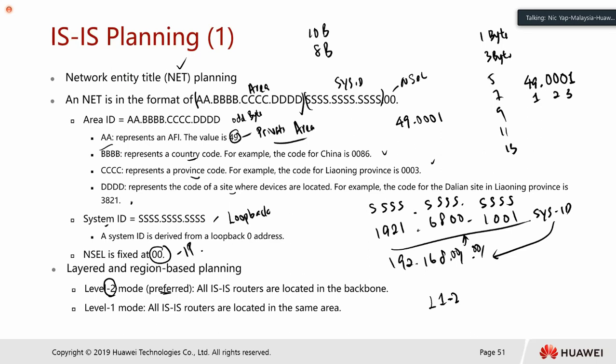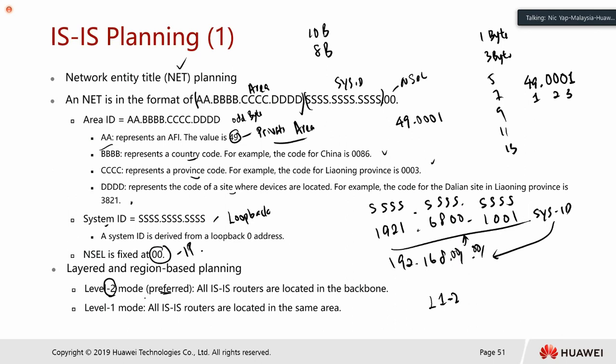Because with level 1-2, in this case, they will send the information to level 1 as well as level 2. They send the information twice. So this will just be a burden on your device. Most of the time, we set it to one level, either level 2 or level 1, but not level 1 and 2.